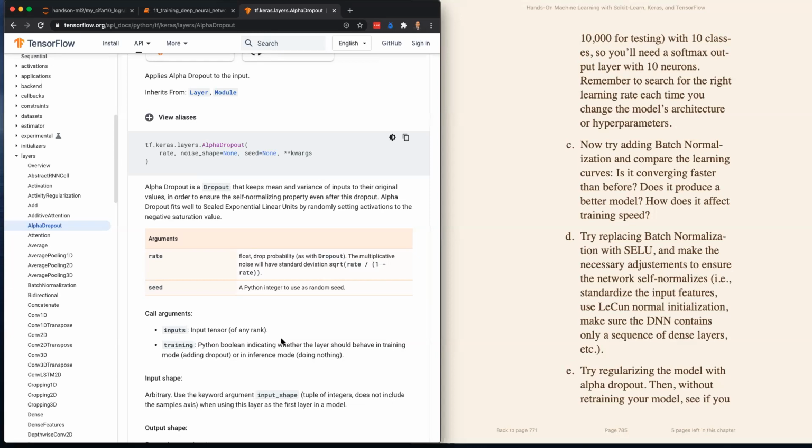Maybe instead of setting them to 0, they are made big negative numbers in order to maintain the mean and variance.